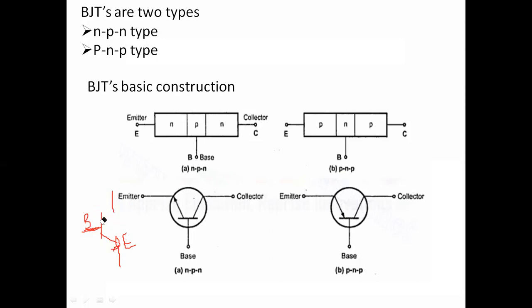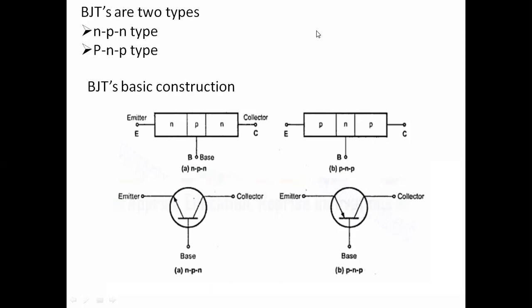The construction of the PNP transistor is based upon doping. So what do we call doping? Doping is adding impurity atoms to the pure semiconductors.